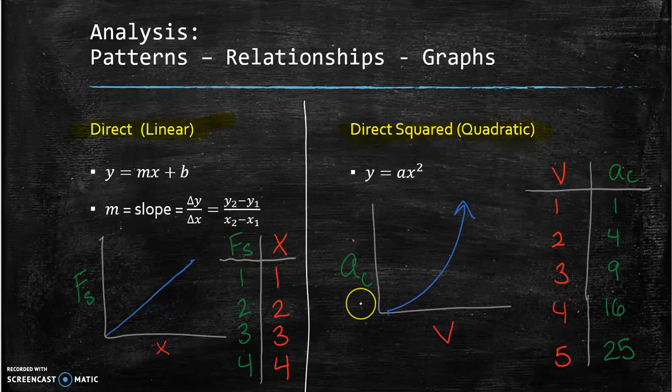One example of a relationship that's like that is the centripetal acceleration formula. So centripetal acceleration equals v squared over r. So how is centripetal acceleration related to v? Well, v is squared in this relationship, so it's related to v squared.